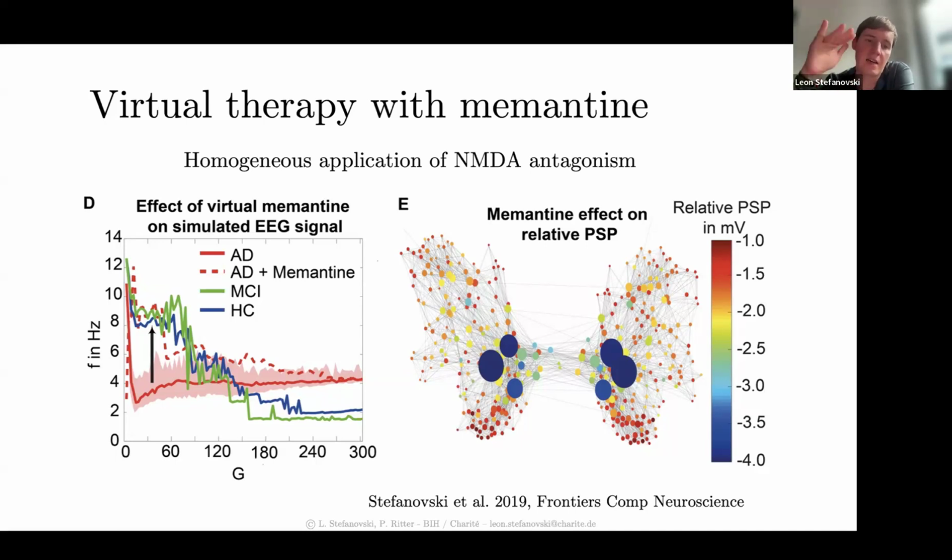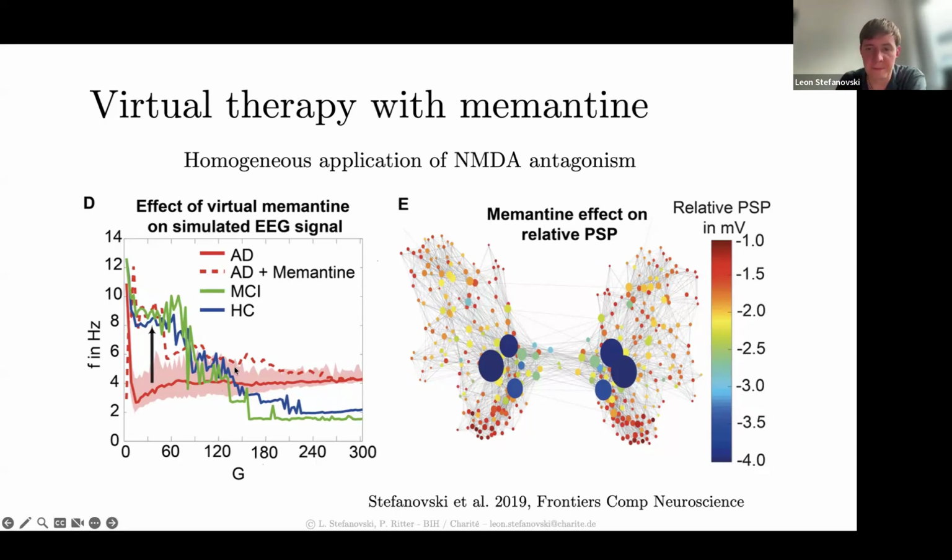So we just scaled down the transmission from NMDA-ergic receptors. And indeed, we were able to see that the slowing in the Alzheimer's patients with virtual memantine normalized, a phenomenon that we also know from clinical studies.